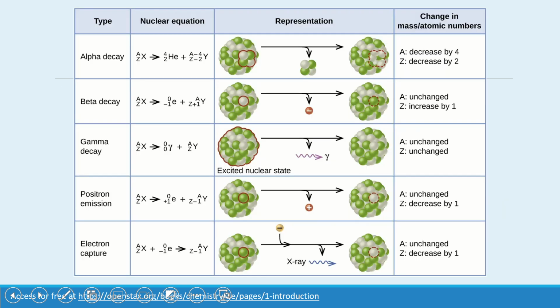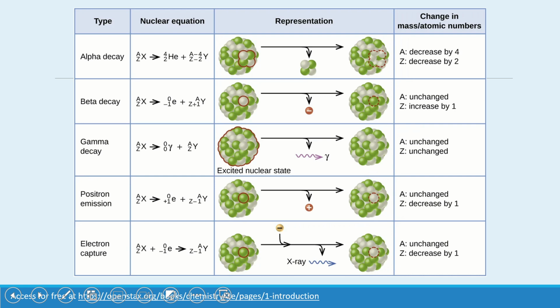And then this is just a summary of what we've talked about, right? You've got alpha and beta decay, gamma decay, positron emission, and electron capture. Remember, alpha decay is when you have a very heavy nuclei, so again, when your number of protons is greater than 83.